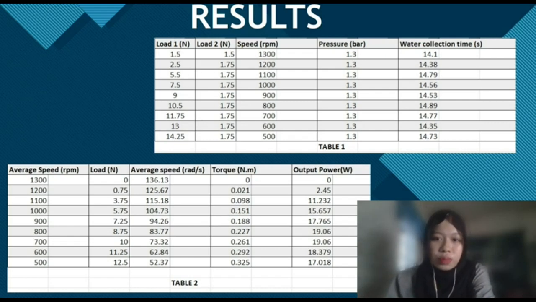We start with 1.5 for the first value until the last one is 14.25, and for the second we start with 1.5 and use the same value until the last one, which is 1.75. For the speed we start with 1300 and until the last one is 500. For pressure we use the same value, which is 1.3.